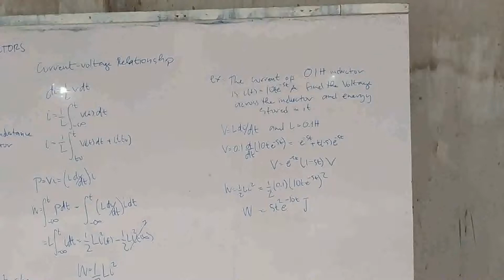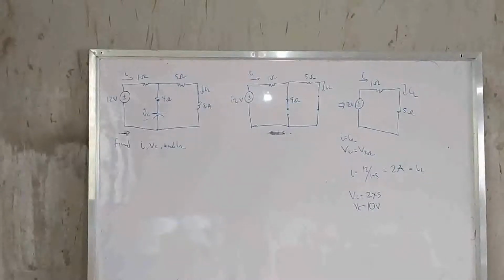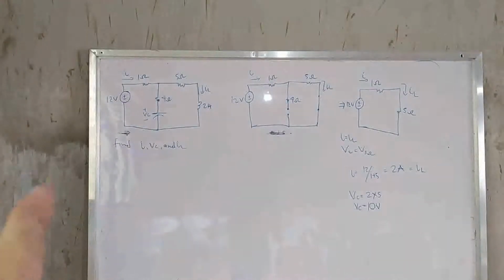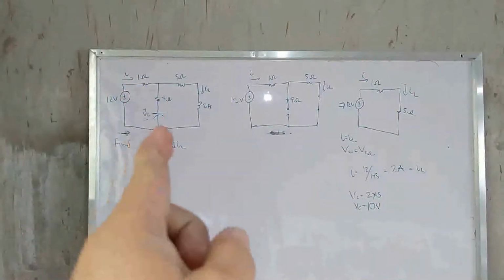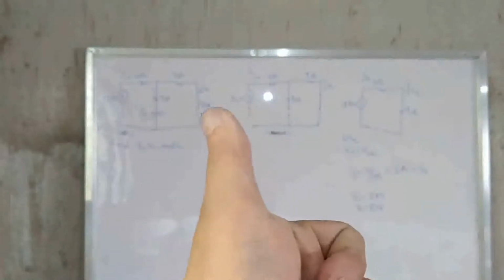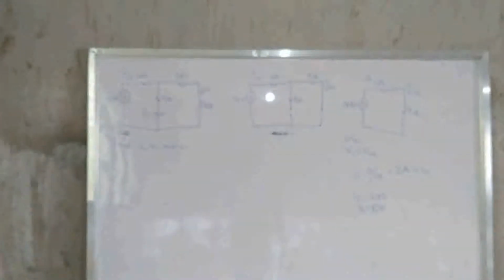So how about another example? Let's try an example on integration of a capacitor and an inductor having a DC supply. So there it is. This is our circuitry: 12 volts supplying a 1 ohm and also 5 ohms in series with an inductor.